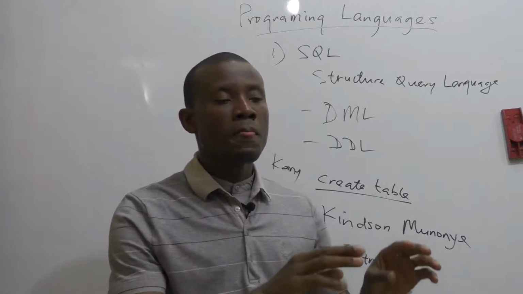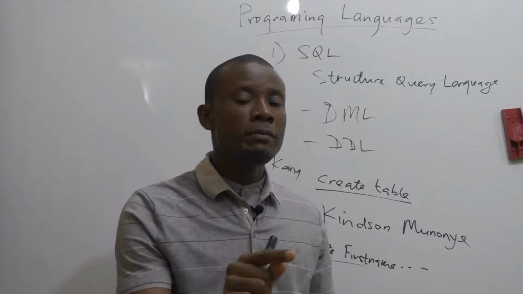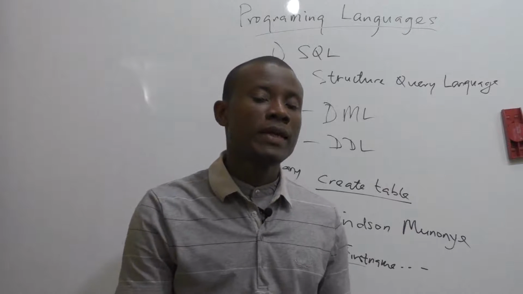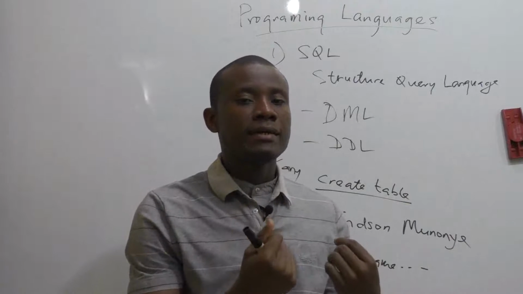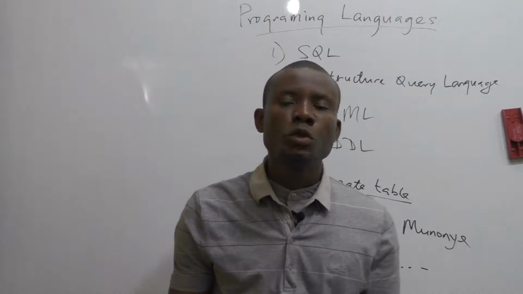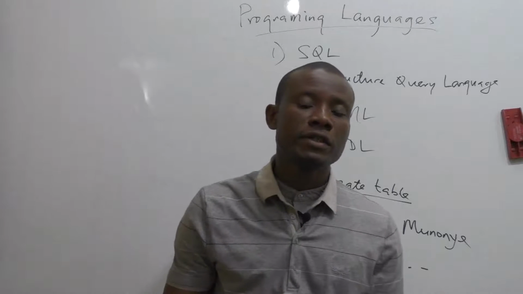So when you go to facebook.com, you enter your email, you enter your password, it goes to the Facebook database and pulls out your data and displays it. Although I know of Facebook query language, that is a totally different thing altogether.